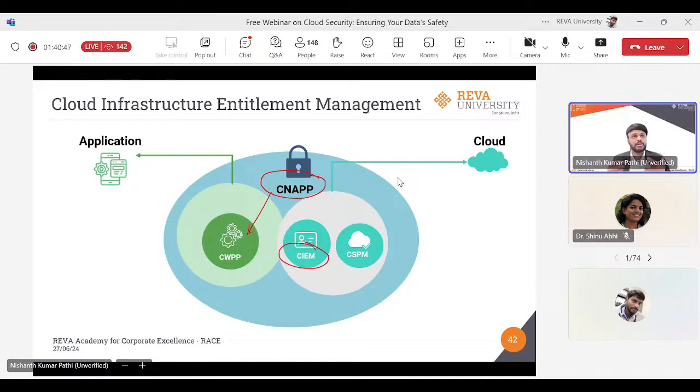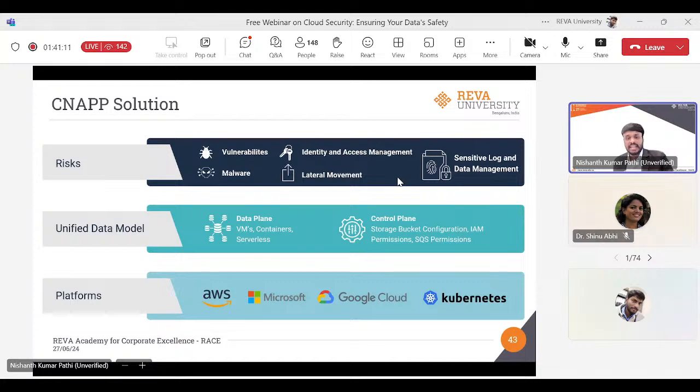And now, because we are moving on to PaaS and SaaS, where identity and access management and data management play an important role, CIEM and CSPM tools are going to play a part. So if you want to combine all the features, typical advanced CNAPP technologies would help you protect your application, which is sitting on the cloud, as well as the cloud configuration itself. These CNAPP tools can actually address this across multi-cloud, whether you choose AWS, Microsoft, Google Cloud, or Kubernetes.